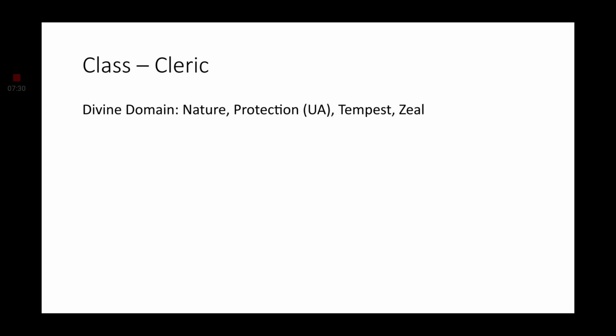Besides that god, the other god, which I do not remember, would be of the divine domain of nature and tempest. But you also have the divine domain of zeal, just because it seems like it would fit the Tritons a bit. And you can find the zeal domain from the Planeshift series.